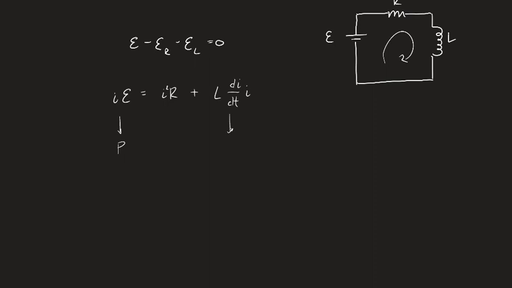So I kind of see a way to figure out what the energy storage in an inductor must be. I don't really think you need me for this anymore, do you? Prove it.